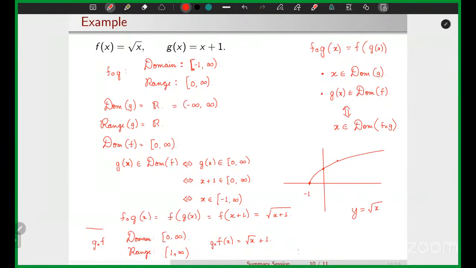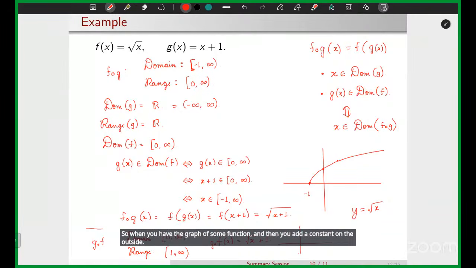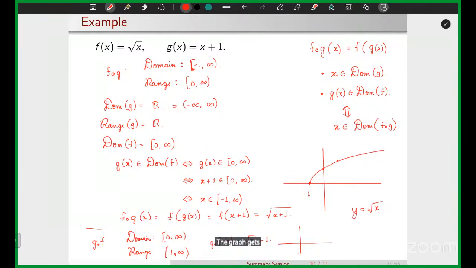And if you want the graph of it, can anyone quickly guess? When you have the graph of some function and then you add a constant on the outside, the graph gets shifted vertically.